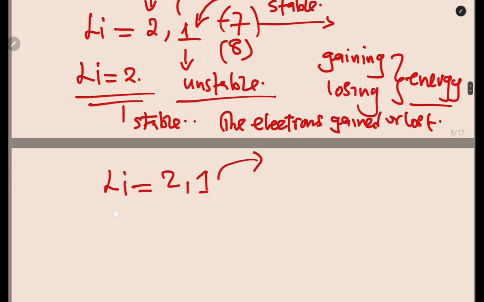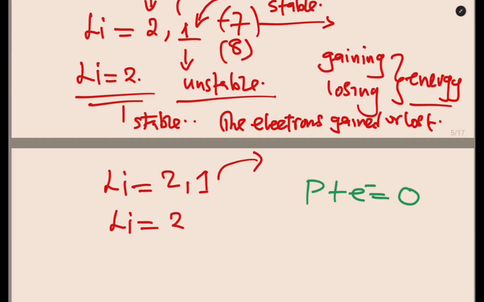And if lithium loses an electron, it is just going to remain with the 2 electrons. Now remember what I said. An atom is electrically neutral. If you add the protons and the electrons, they should give you the overall charge of 0. That is what it means. Have you gotten that? So before any reaction, an atom is electrically neutral.